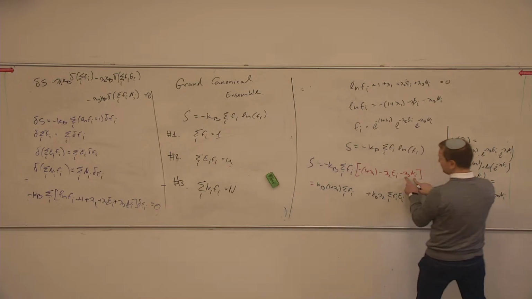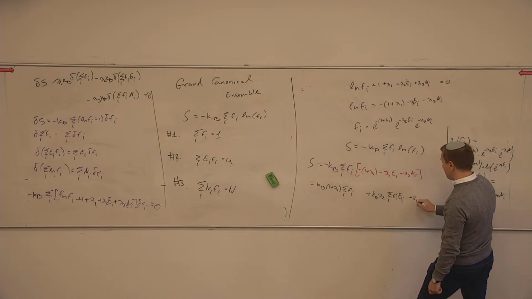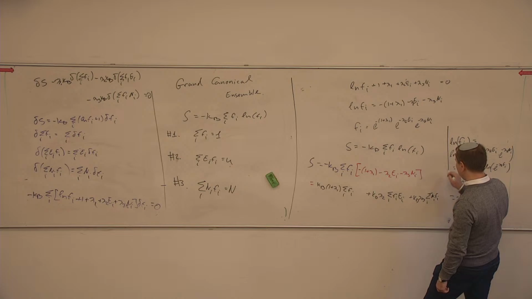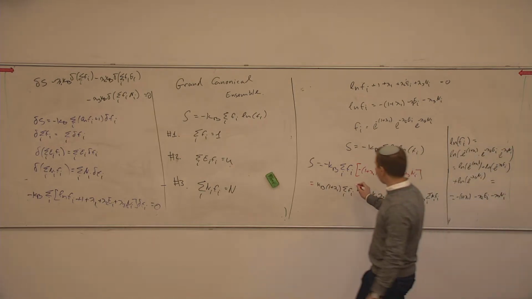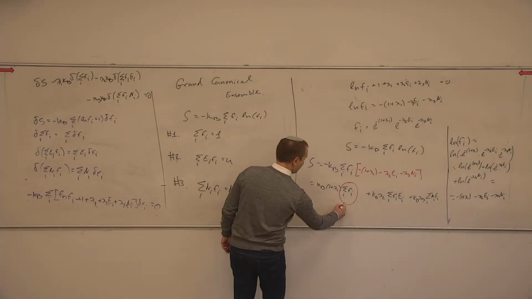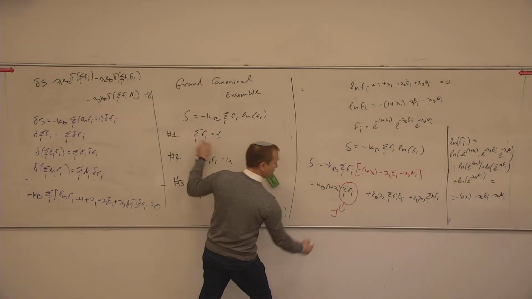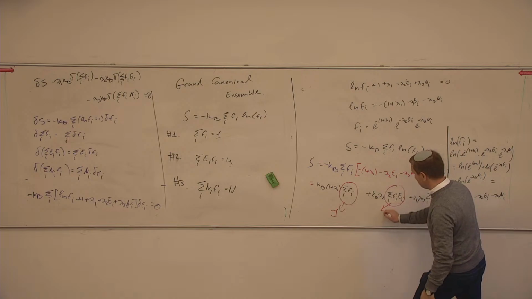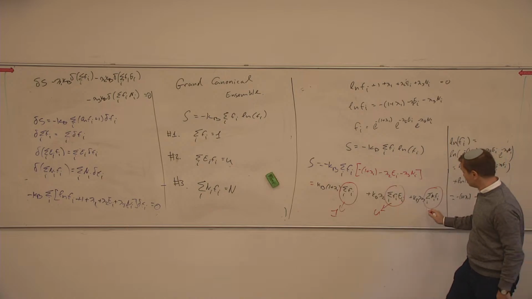And from the third part, minus lambda 3 times minus K Boltzmann, so it's just plus K Boltzmann, lambda 3, sum over I, Ni, Fi. What is this guy? 1. Go over here. 1. What is this guy? U. And what is this guy? The third constraint. Just that.